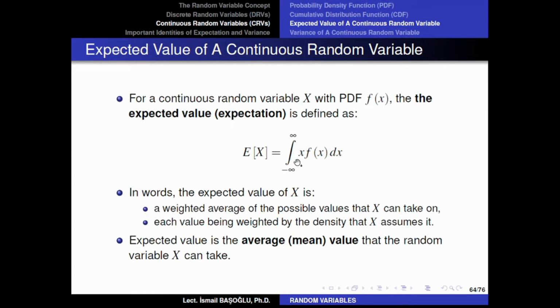By integration. Remember, for discrete random variables, to calculate the expected value, we were summing up the potential values that the random variable can take multiplied with the probability mass function. So x times p(x) values were summed up for calculating the expected value for discrete random variables, but for continuous random variables, as in here, we are integrating the product of x and the PDF from minus infinity to plus infinity.